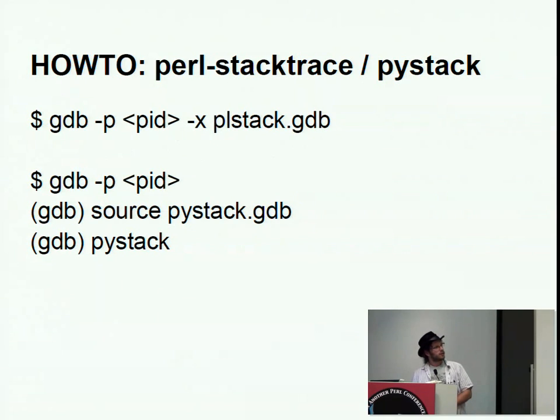So the way that might look is I could take that script I just generated and pass it directly to GDB, and I would get a stack trace directly back off of my production process. And I do not require symbols for this to work.